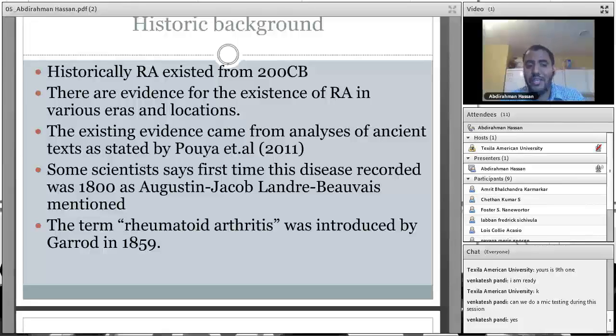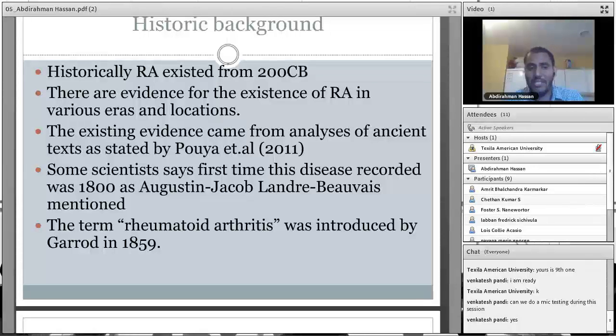The existing evidence came from the analysis of ancient texts as stated by Boaya et al. in an article written in 2011.